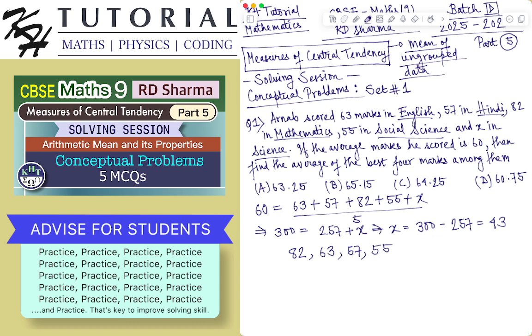These are the best 4 marks obtained, and we have to find the average. Quite peculiarly, even though we calculate the value of X, it will not be used, because X is found to be 43, which is the worst marks that Arnob scored. So the answer will be this divided by 4.